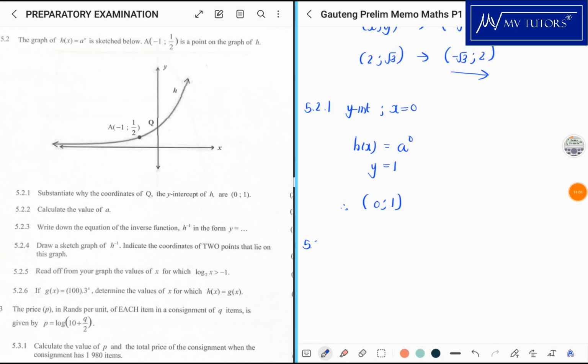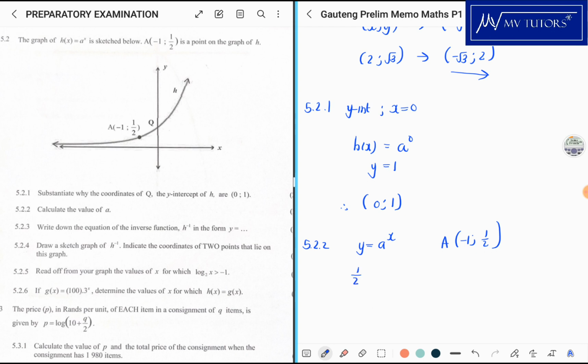All right, 5.2.2. Calculate the value of a. Okay, so I'm just going to say y is equal to a to the power x. Remember, we have been given a point A, which is -1 and a half, and we're going to substitute that point, the x value, which is -1, and the y value, which is a half.